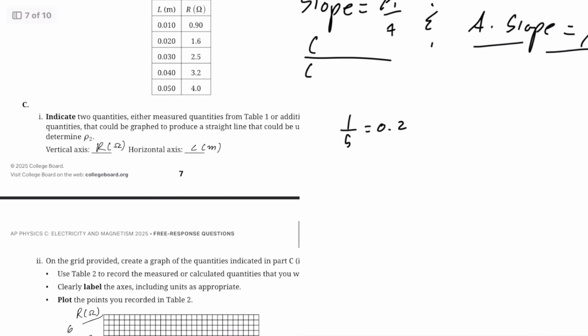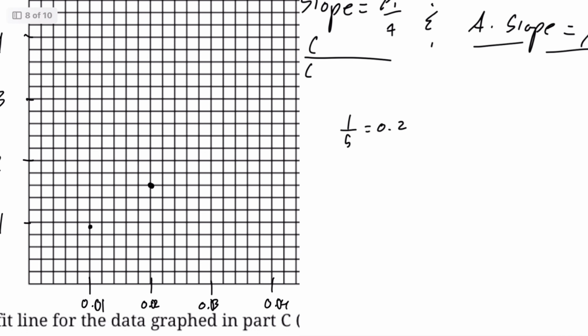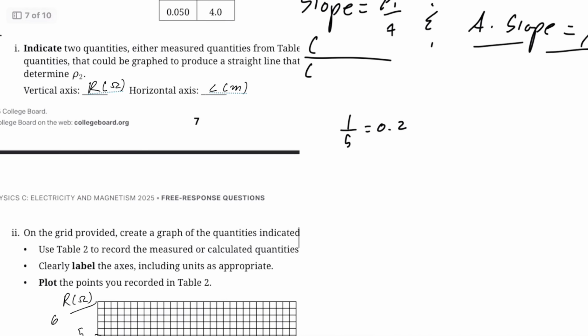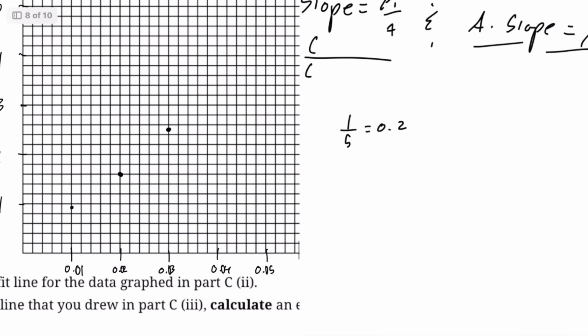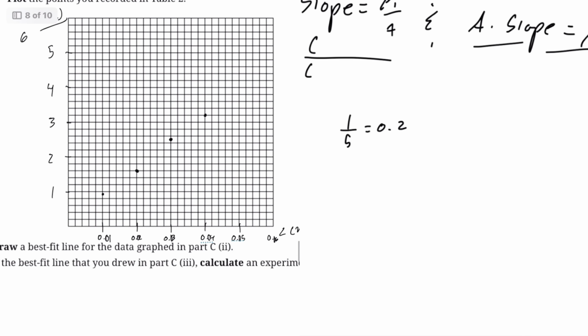Now 0.03 corresponds to 2.5. 2.5 is like in the middle of 2 and 3, so 0.03 corresponds to, oh, this is hard to visualize, like here. 0.04 corresponds to 3.2? Okay, 3.2. 0.04 corresponds to, and I know that they increment by 3.2. That's the way I designed my graph. And I know 0.05 corresponds to 4.